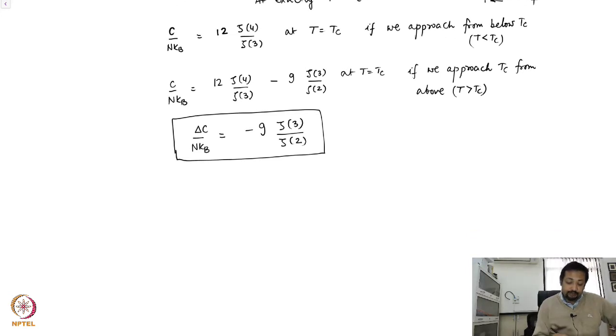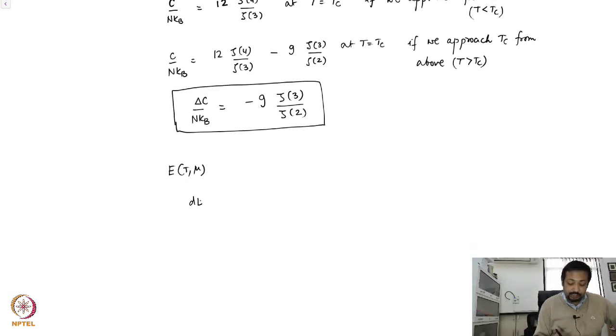For that, our starting point is to write down E as a function of T comma mu, so that the differential dE is going to be del E del T, mu held constant, dT plus del E del mu, T held constant, d mu.